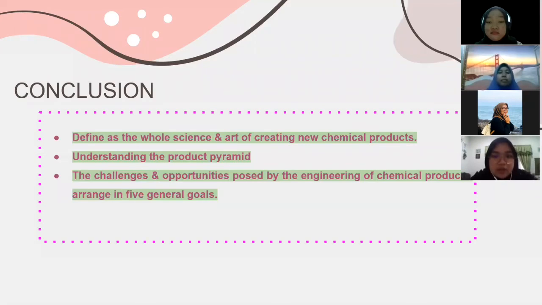So for chemical product design, understanding the product pyramid, whose vertices are occupied by the material, process, use, and product space, is crucial. By property, process and usage function, the links between the different spaces represented in the product pyramid are established.